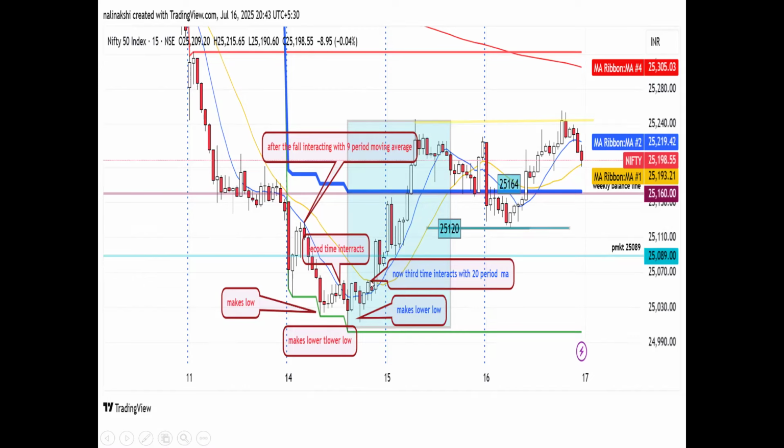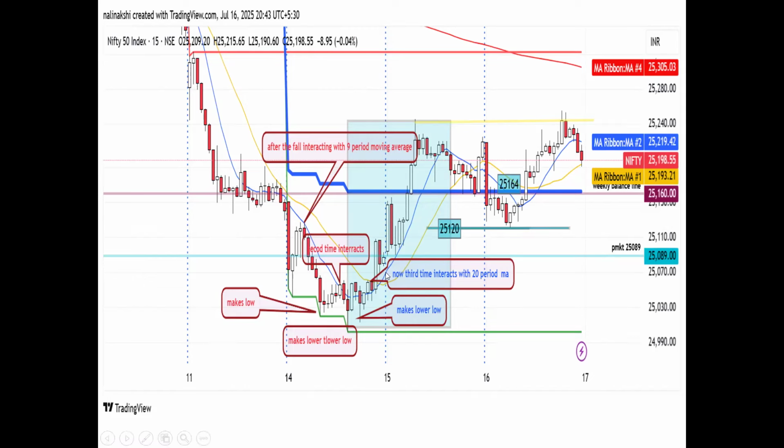After interacting with the 20-period moving average, again the market reacted and it made a lower low. It grabbed here and then a huge reaction candle came out of both the moving averages, above the moving average, indicating a strong reversal in the market.